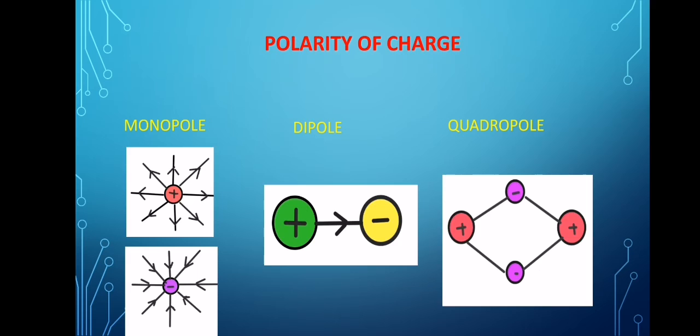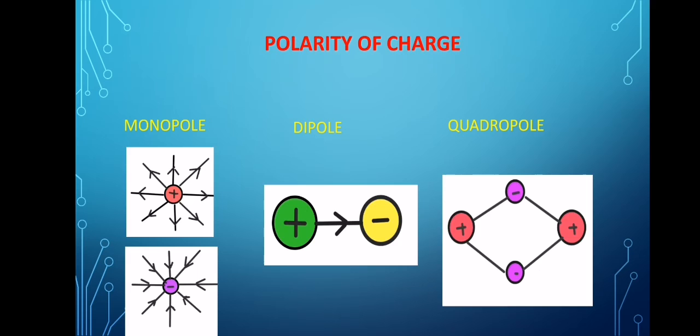Charges in matter form polarity. They can be monopole, dipole, or quadrupole. An isolated single charge forms a monopole. The charge can be a positively charged monopole or a negatively charged monopole.